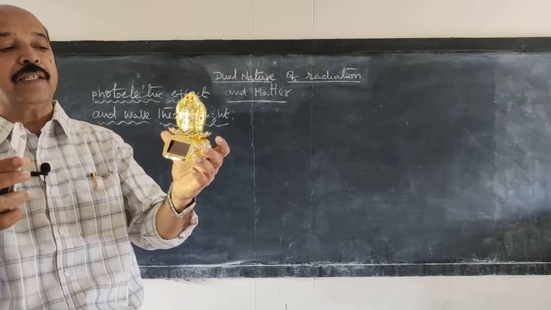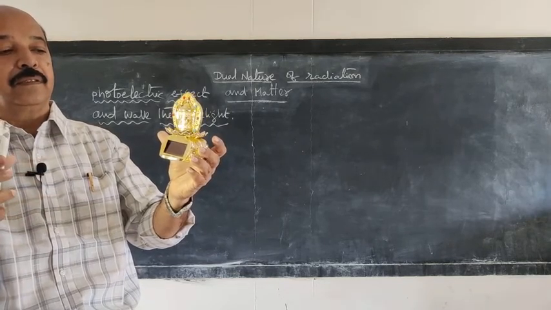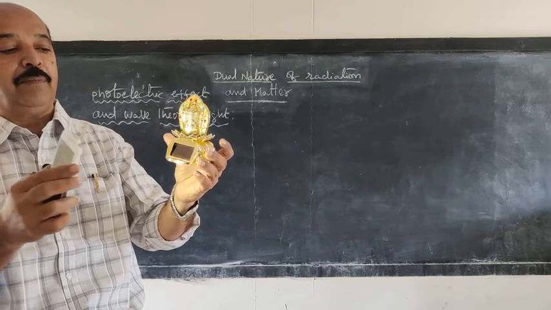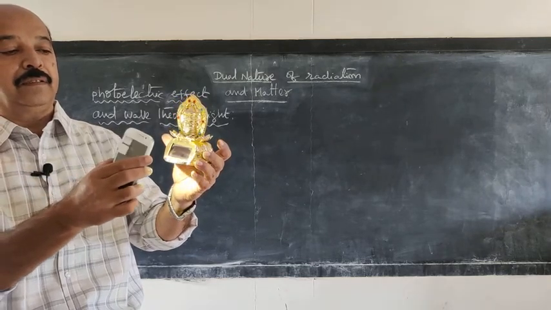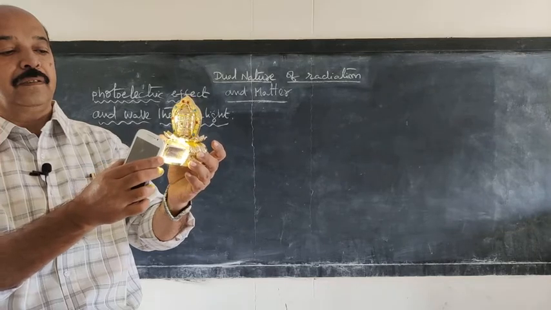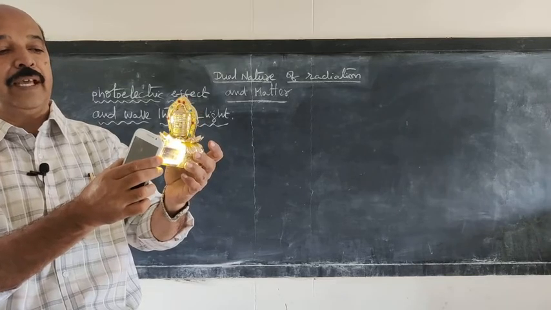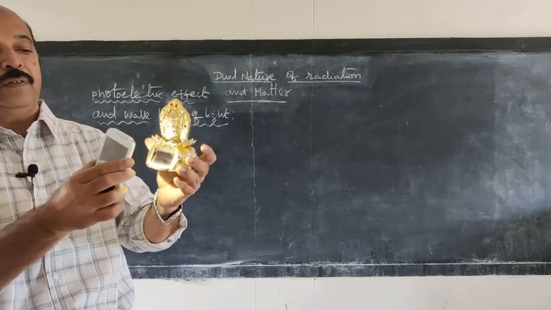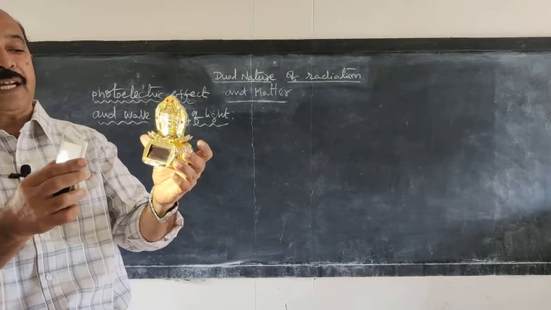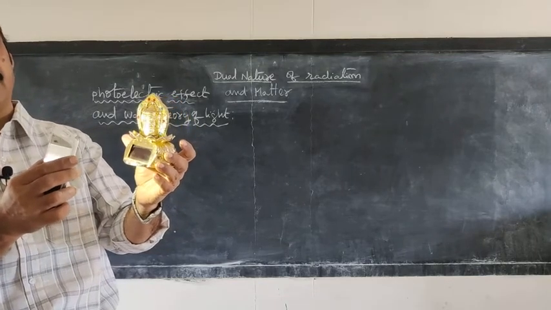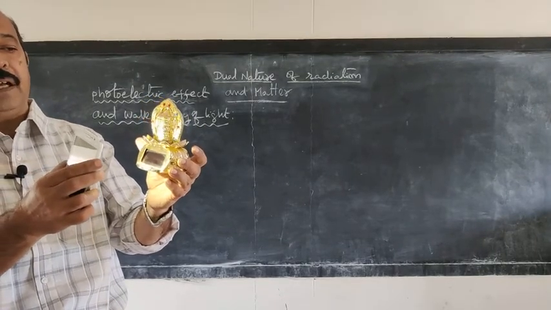That means photocurrent is decreasing. So when I bring it nearer, you can see the speed increasing.